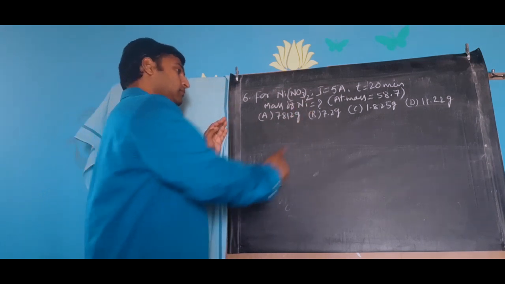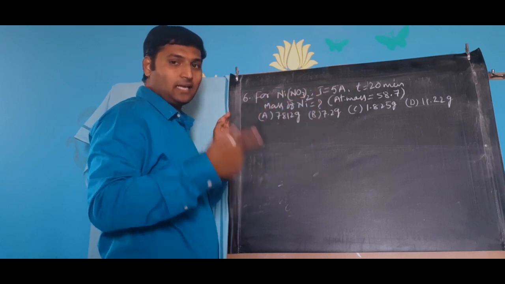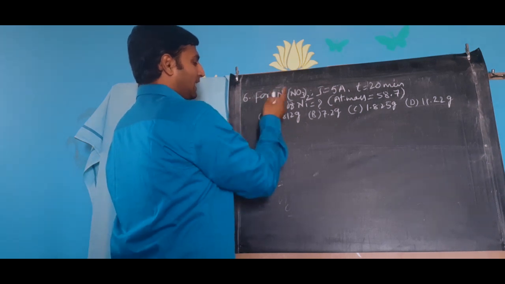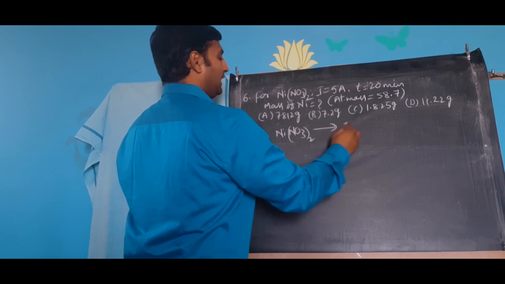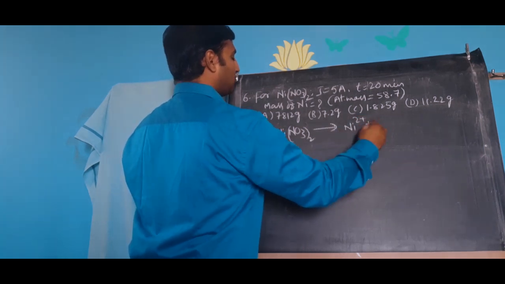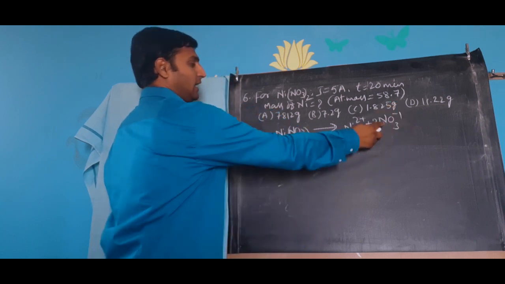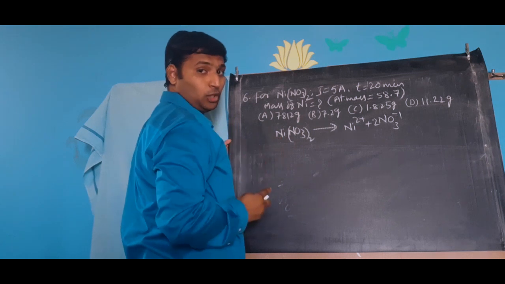Now, the main task here is to find the equivalent mass of nickel, because unless that is found, the problem cannot be solved. If nickel nitrate ionizes, it ionizes as Ni2+ and 2NO3-. The nitrate ion valency is 1. That's why nickel must have had valency 2 here.